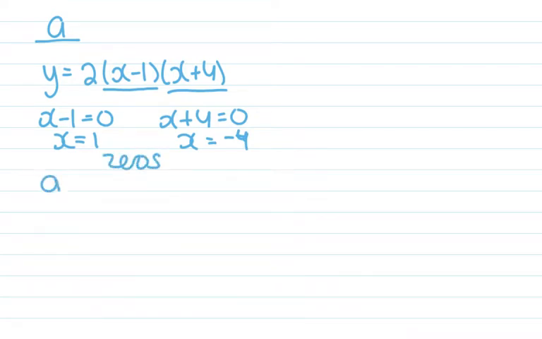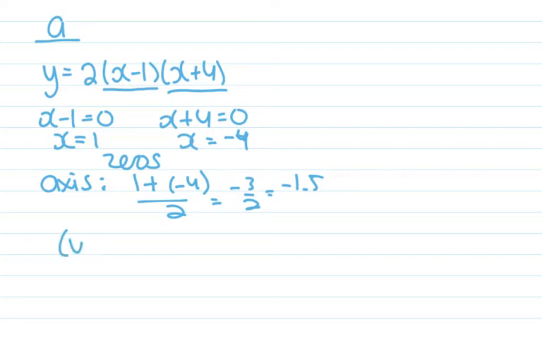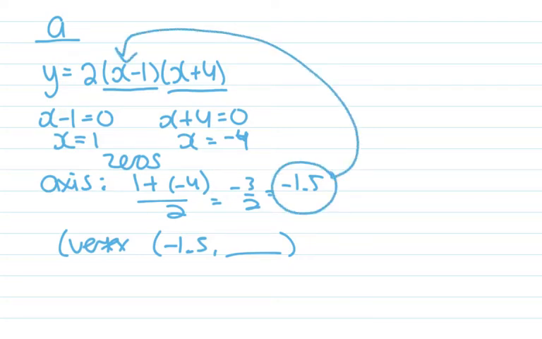Now we're going to find the axis of symmetry, which is the midpoint of the zeros, halfway between. So 1 plus negative 4 divided by 2 is negative 3 divided by 2 equals negative 1.5. Now we have the first part of the vertex, negative 1.5 comma blank, and we need to find that second part. So in order to do that, we're going to take this negative 1.5, plug it back into this equation in both spots for x, and then that y that we get out will go here.